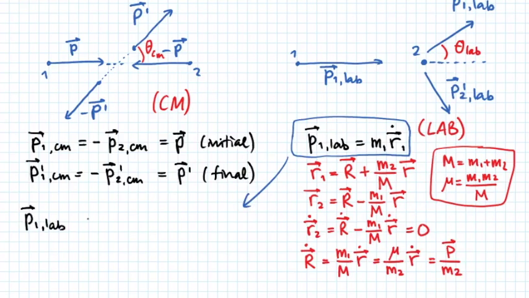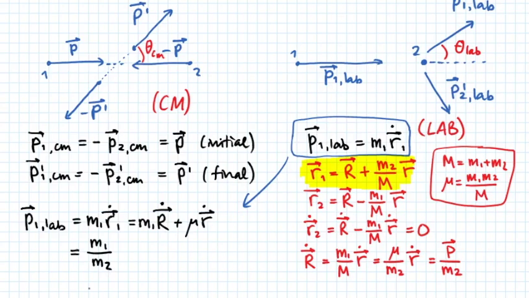P1 lab is now therefore given by m1 r1 dot. We take the expression for r1 and we substitute it into this expression to find m1 capital R dot plus reduced mass mu times relative position r dot, which becomes m1 divided by m2 times momentum p.